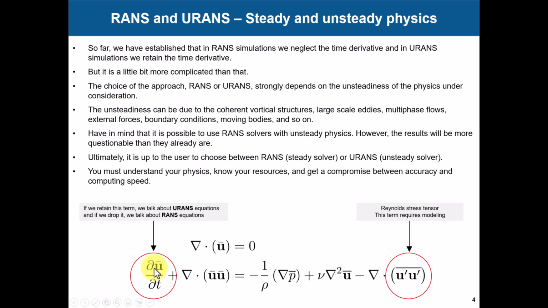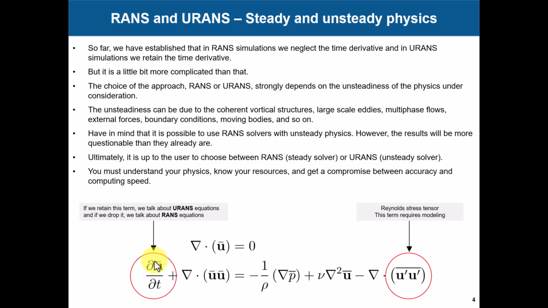But where is this unsteadiness coming from? A big question, and usually it can come from the physics. So you have physics that is truly unsteady. It can be due to moving bodies, it can be due to multi-phase flows where you have different phases, and usually multi-phase flows are unsteady by nature. It can be due to buoyancy, where you also have time.